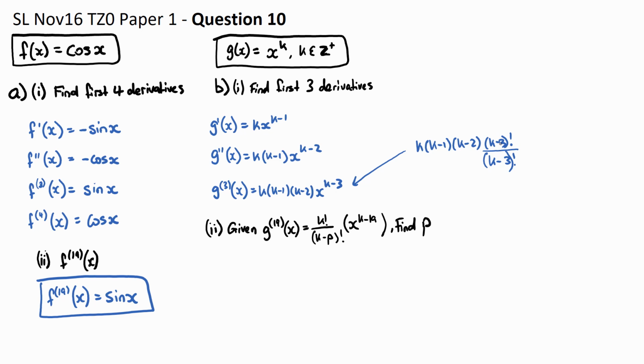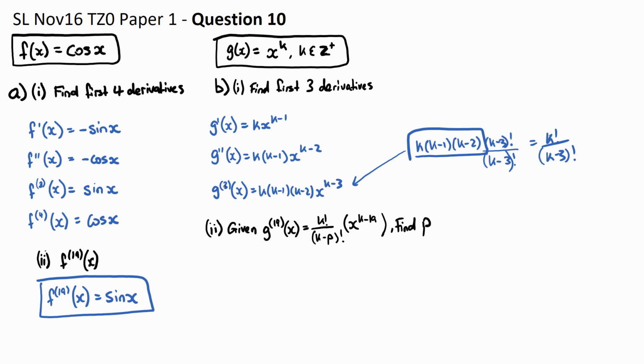But the reason why I want to write it like this is notice that this top line is actually just k factorial. This is just k times all the ones below it. That's why I started at k minus 3 factorial, but I could have actually started all of this as just k factorial over k minus 3 factorial. So the key here is that k factorial over k minus 3 factorial is just this bit.